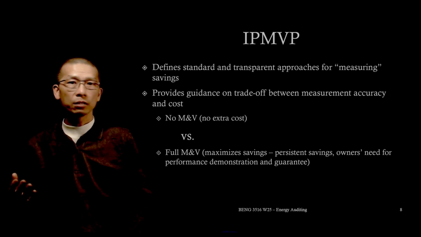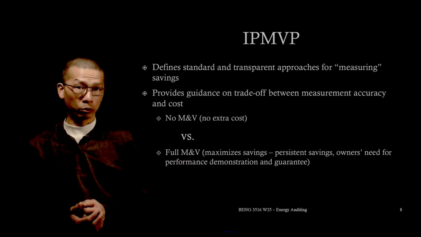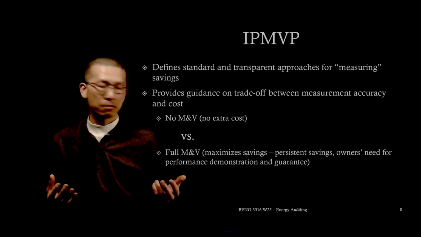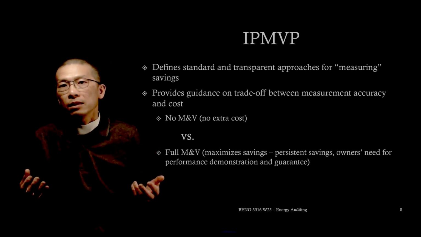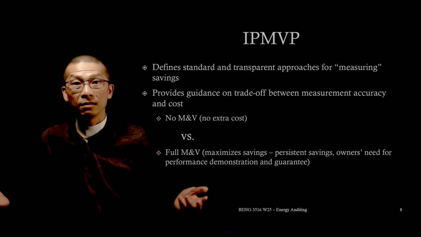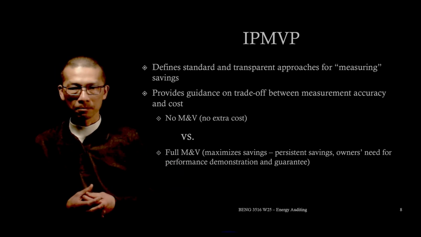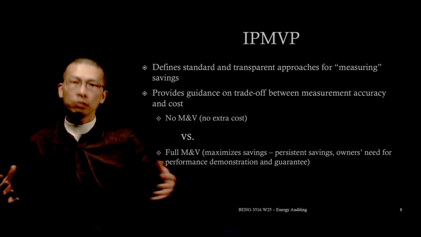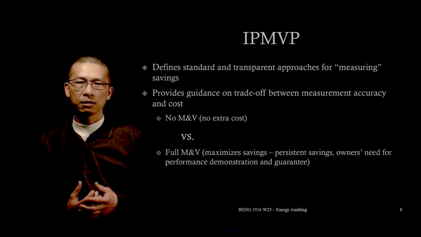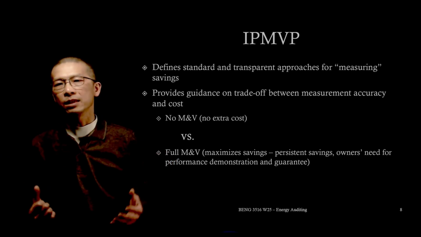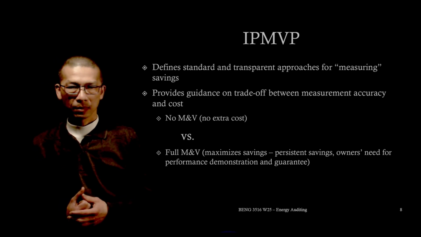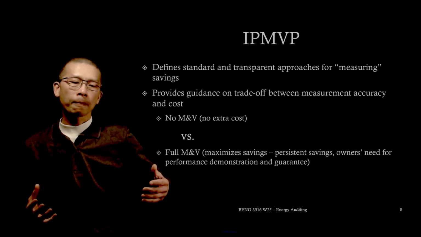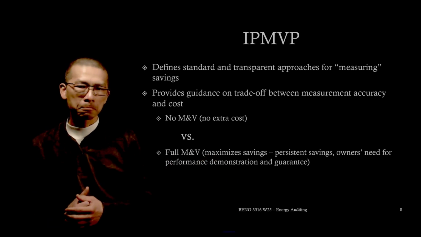How do we choose which one is the right approach? Well, for smaller projects, there may not be MMV necessary, or limited MMV. Low cost, estimated savings. But for larger, complex projects, more detailed MMV can be justified, because more detailed MMV ensures reliable and long-term savings.